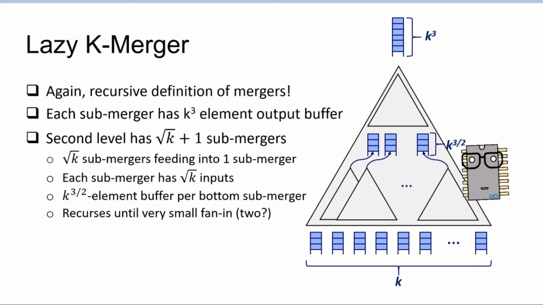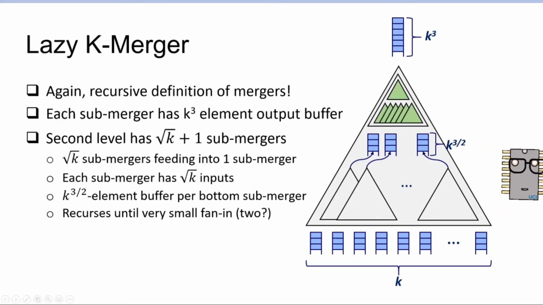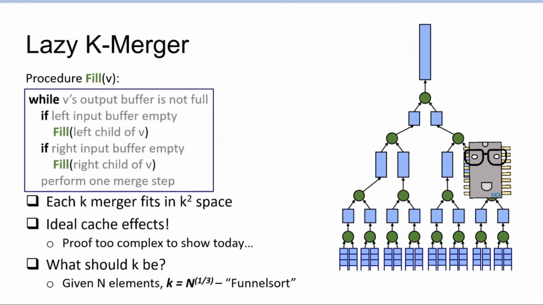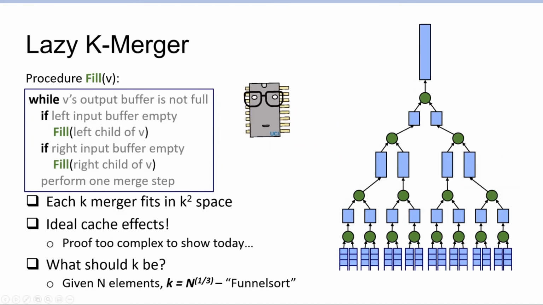We can recurse down until the K is very, very small. And this does look a little bit involved, but I assure you the algorithm itself is very, very simple.